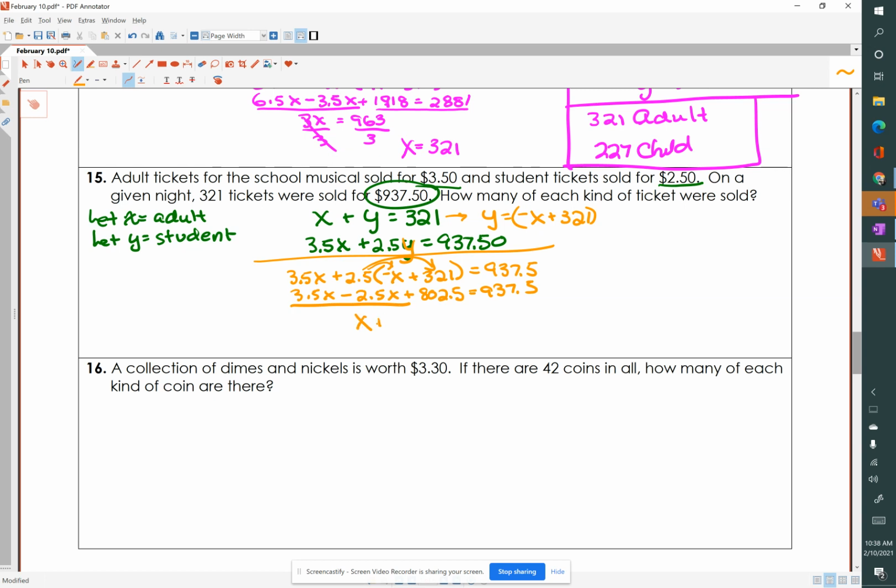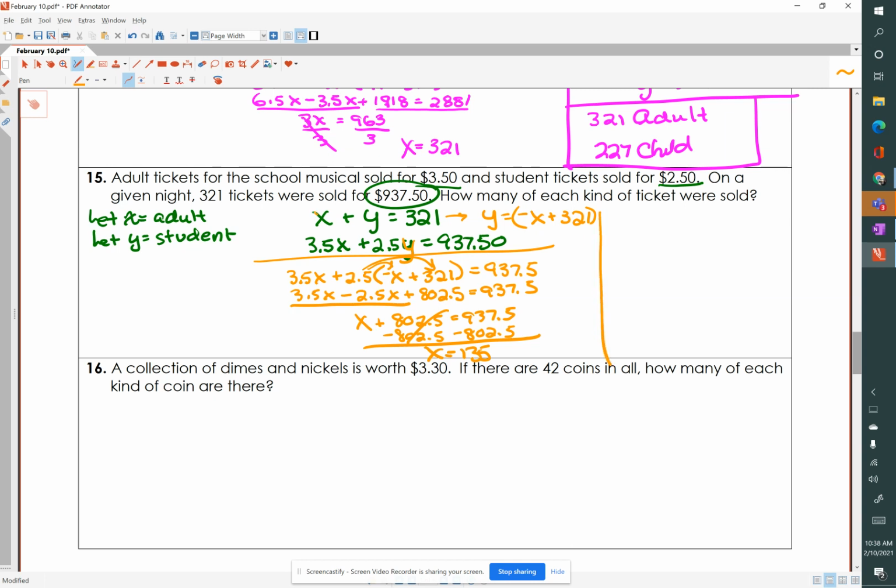Combine the x's, 3.5 minus 2.5 is x. So we have x plus 802.5 equals 937.5. Subtract 802.5 from each side, and x equals 135. So that would be how many adult tickets.